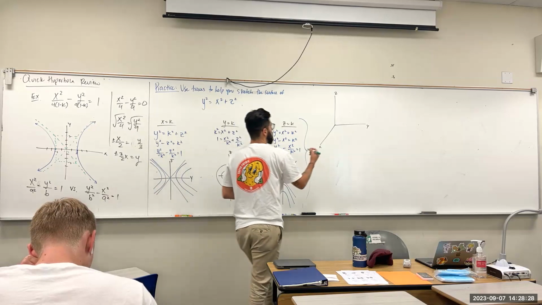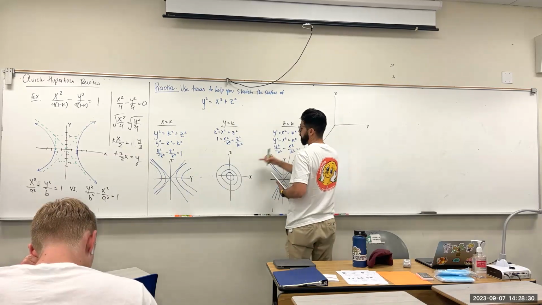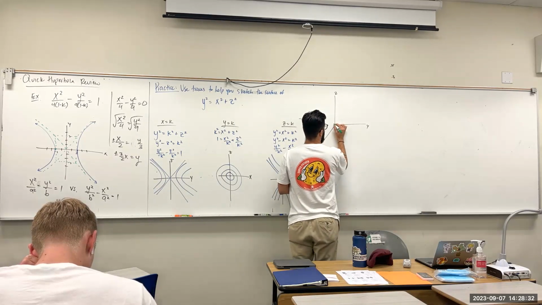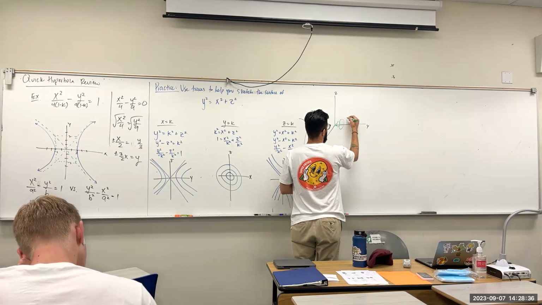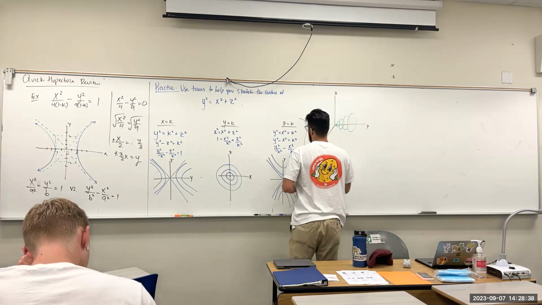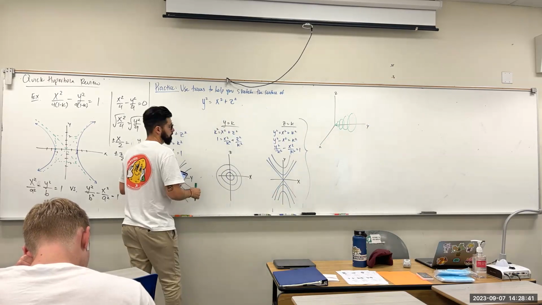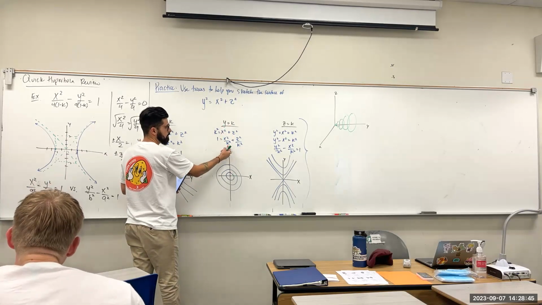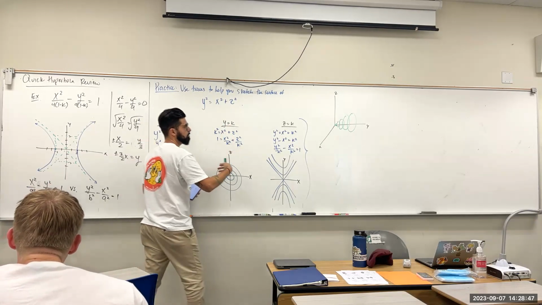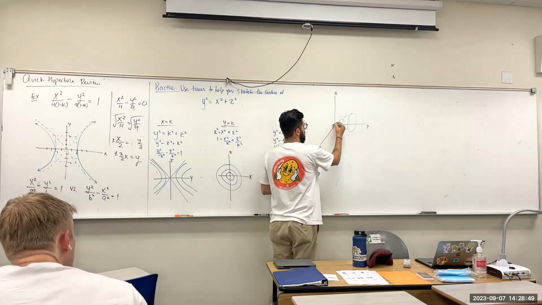When y increases in the positive direction, you have a point, and then it's just a bunch of circles. But when y is negative, this is just being squared, so you get the same circles going in the other direction.